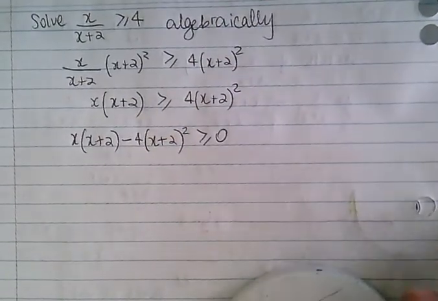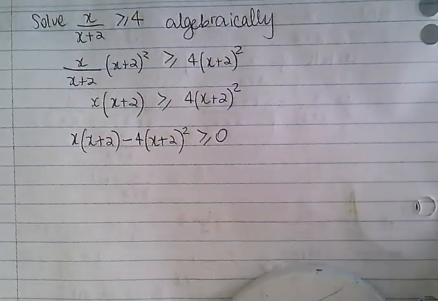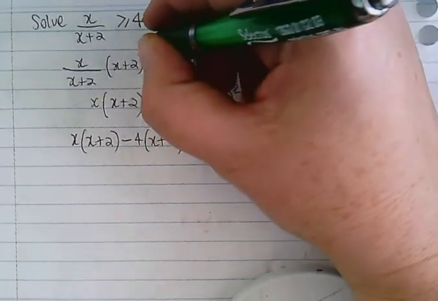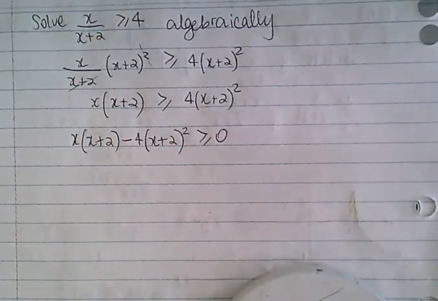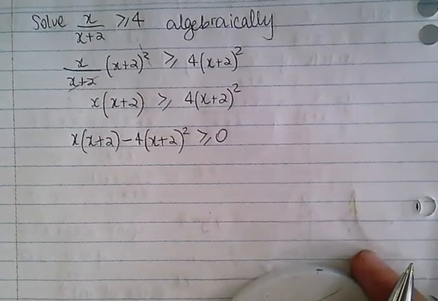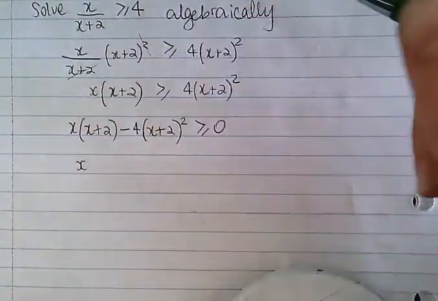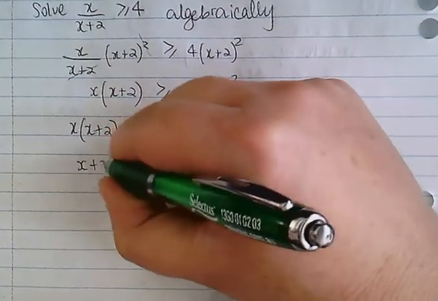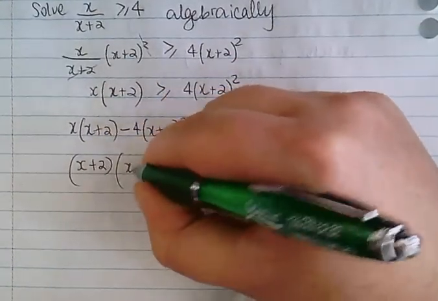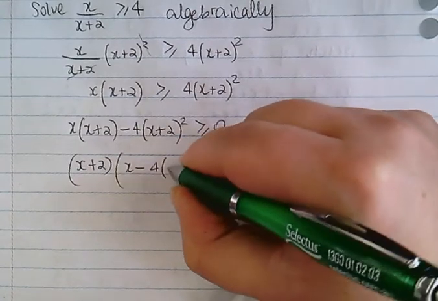Multiply both sides by x plus 2 squared, cancel one of them, and bring everything over to the left. What are we going to do next? Factorize out x plus 2, and we've got x minus 4 bracket.